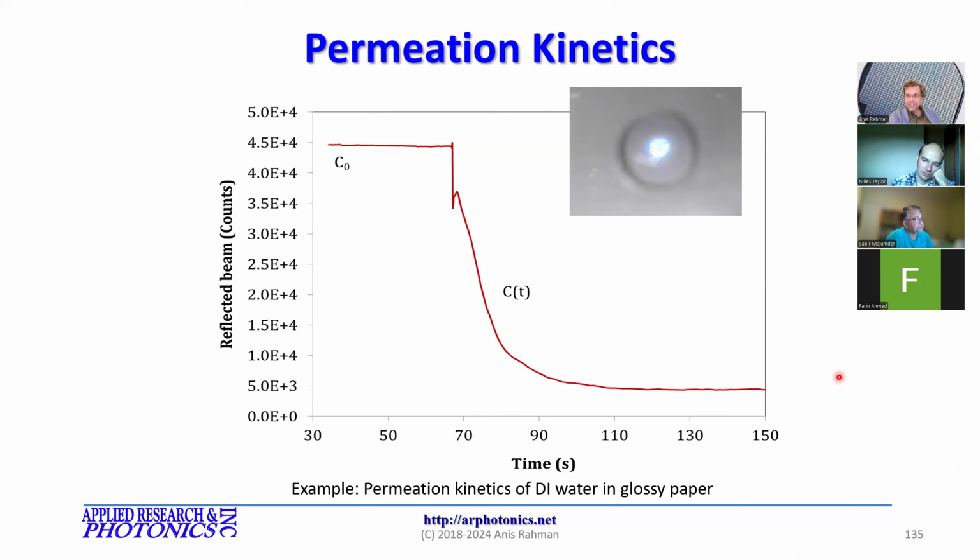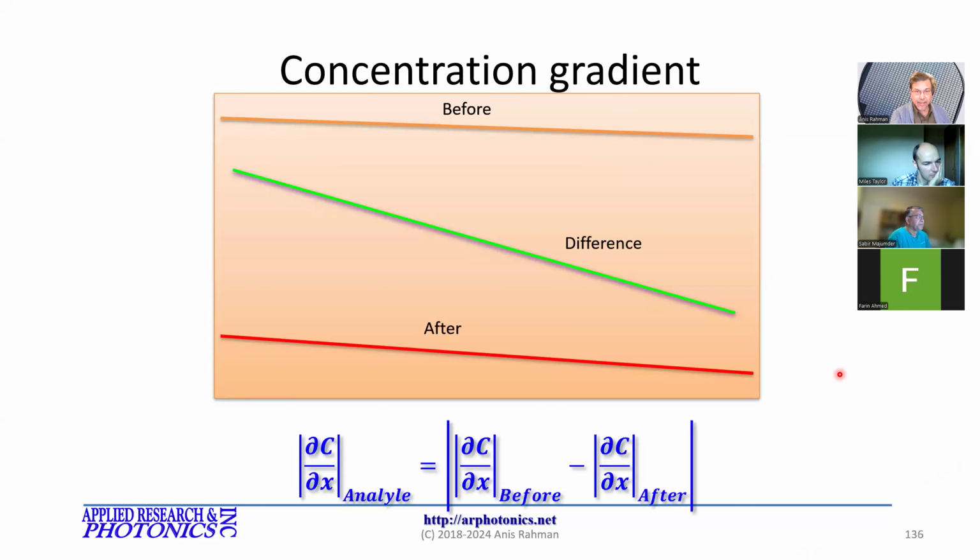Okay. Another point. Now that we see we can measure the kinetics of permeation, the next step is to measure the concentration gradient. How do we do that? It's a two-step process. First we do the depth scan of the substrate alone.